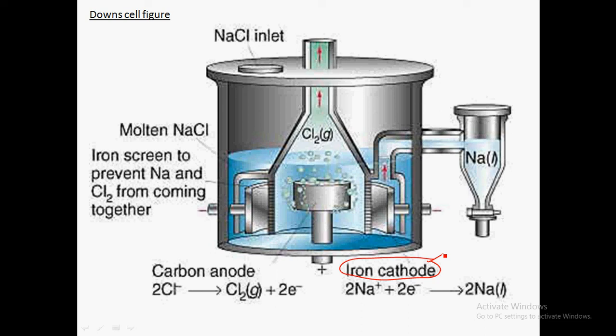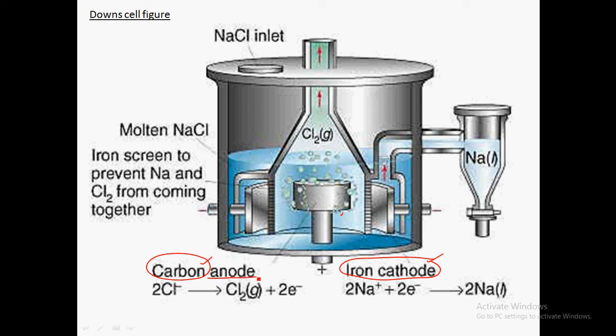Graphite in the middle acts as anode. Here it is labelled carbon anode. The specific form we are using is graphite, which is made up of carbon, so we can call it carbon anode or graphite anode.